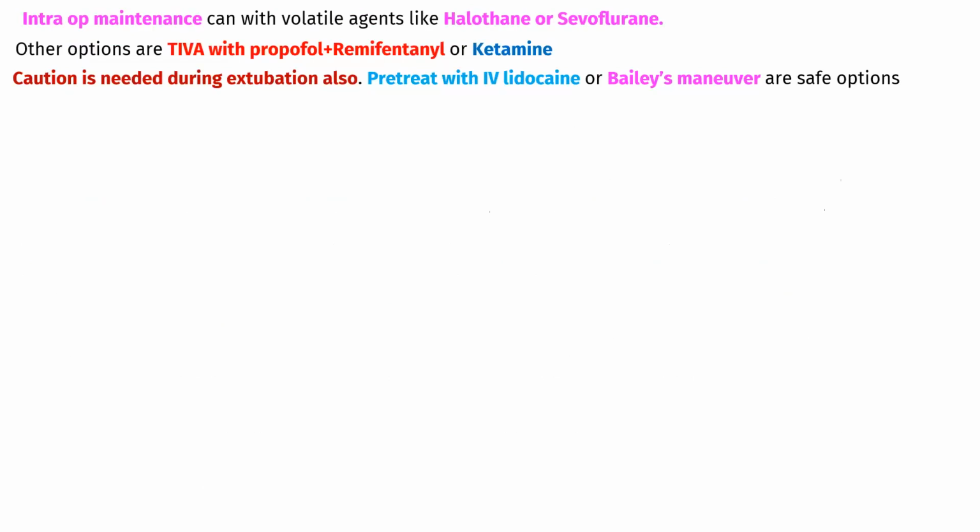And during extubation, again you can repeat IV lidocaine or use Bailey's maneuver. What is Bailey's maneuver? We can replace the ET tube with an LMA and then extubate. First introduce the LMA and then you extubate the patient. So that is what is called Bailey's maneuver. So there is no stimulation, as the tube is removed in a lighter plane of anesthesia.